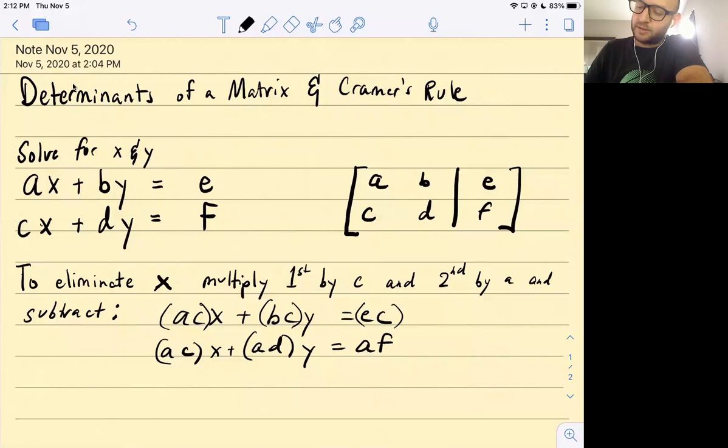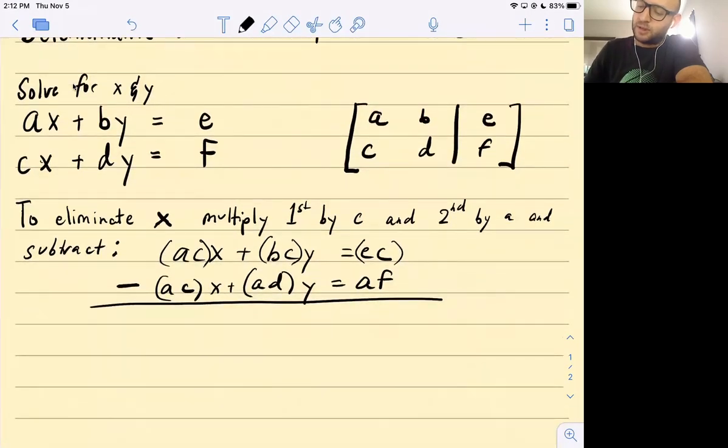Now let's subtract. When we subtract, we get the following expression. These will cancel; these are gone. And these both have a Y in them, so when you subtract them, you just subtract the coefficients. So you get BC minus AD times Y equals EC minus AF.